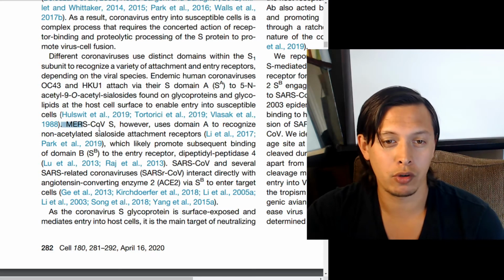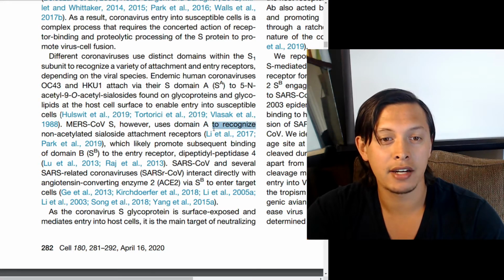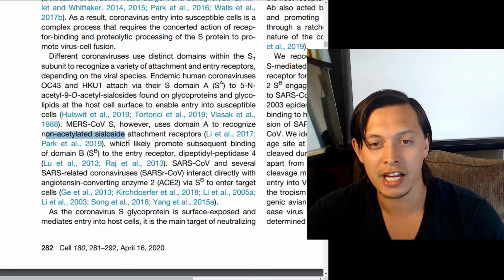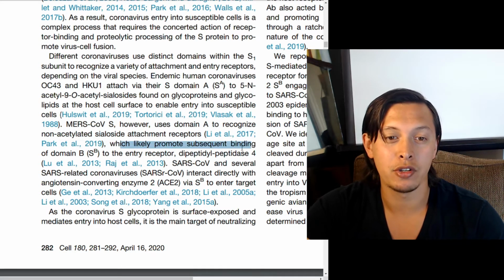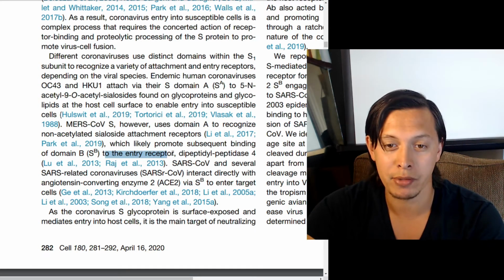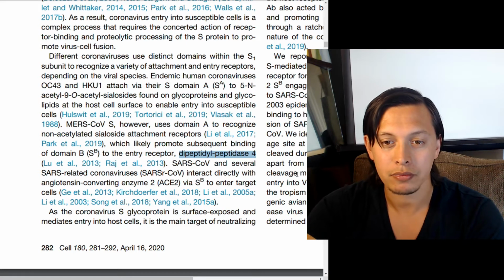MERS coronavirus S, however, uses domain A to recognize non-acetylated sialosides, attachment receptors, which likely promote subsequent binding of domain B, or S^B, to the entry receptor, dipeptidyl peptidase 4.